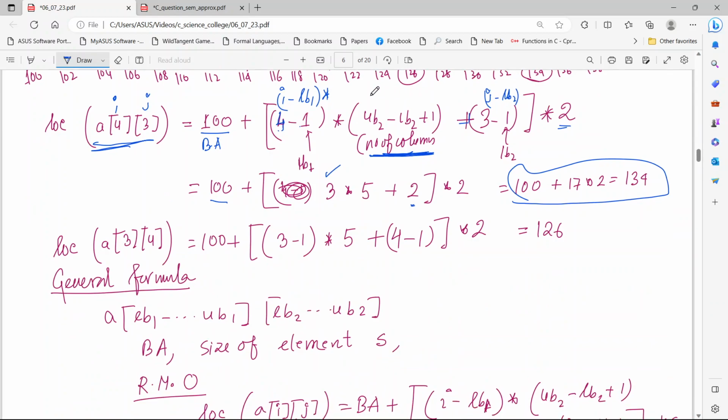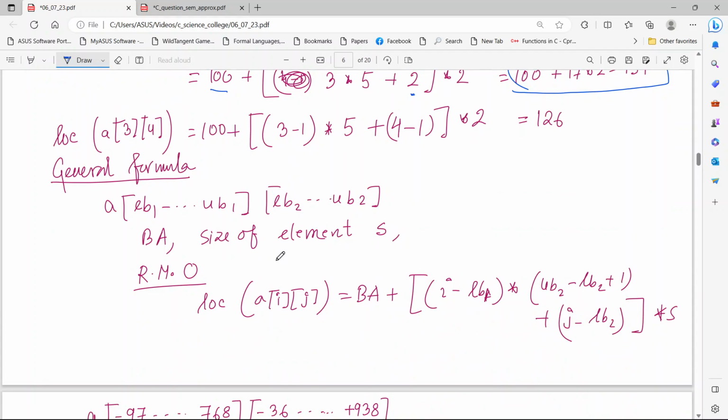So if you want to find the 3 4 location, you can easily find it by this. The first thing you have to do, if we use the row major order, is use this particular general formula. Say in the question paper it is given 4 to 15, and minus 7 to 7, right?